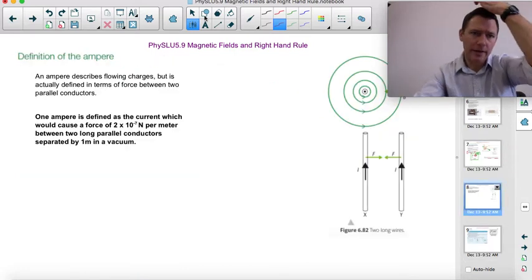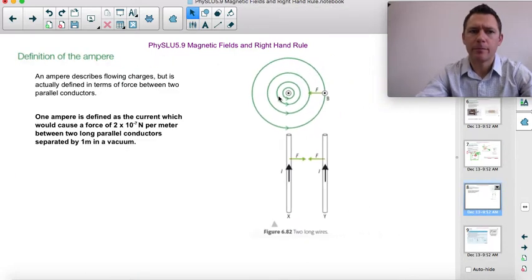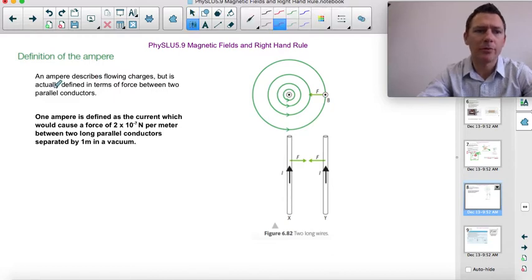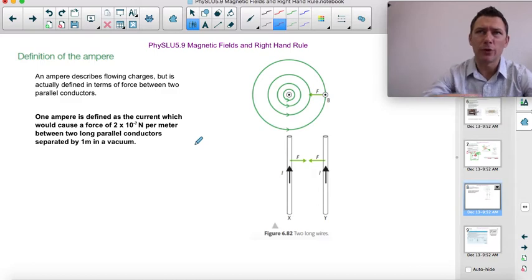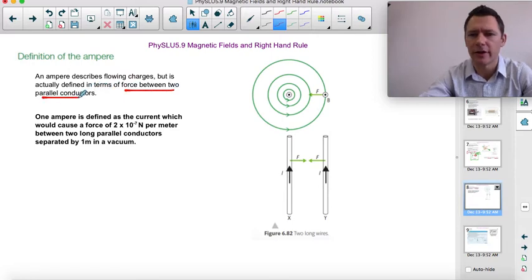All right, and then this is the idea of an amp, right? An amp talks about how much flow. We usually talk about the amperage as how much flow, but to be very specific, they've defined this as the force between 2 parallel conductors. So if you have 2 wires, they say 1 amp causes this many newtons per meter for wires that are 1 meter long.